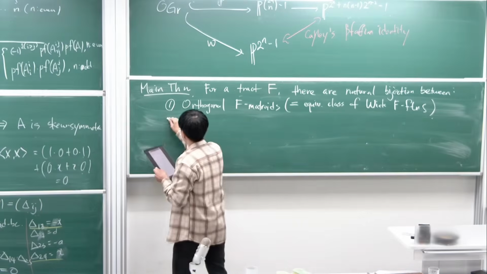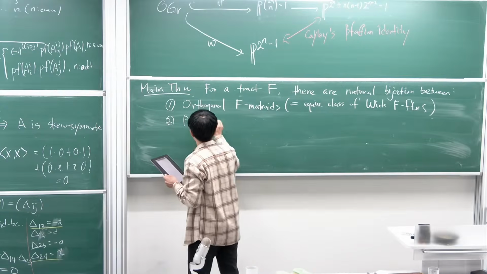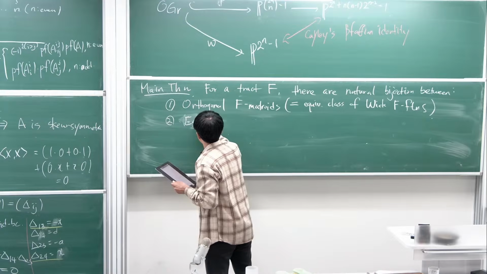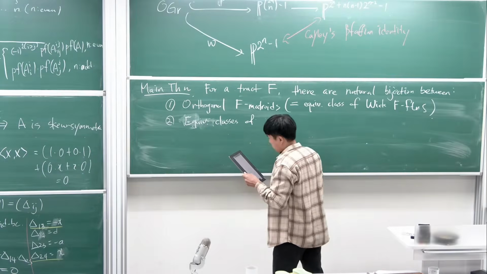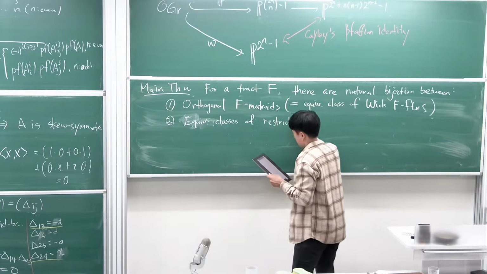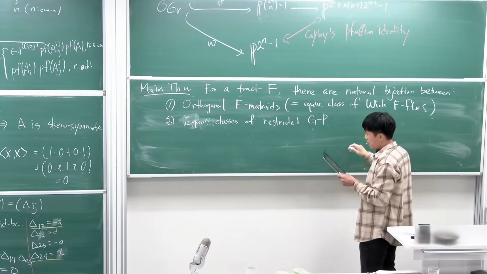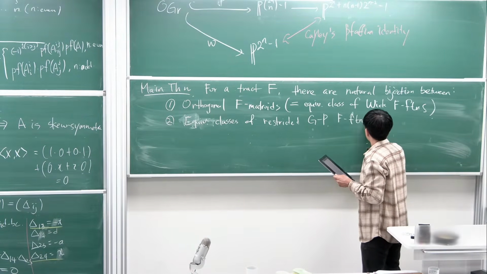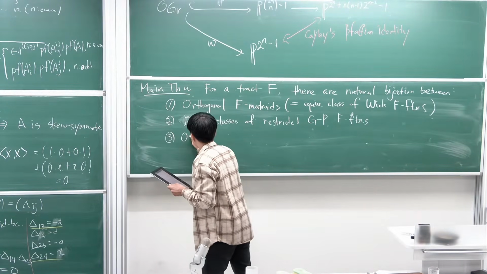And the second one is also a projective equivalence class, let's just say equivalence classes of restricted Grassmann-Plücker, GP, for the Grassmann-Plücker F functions. And the last one is orthogonal F signature.